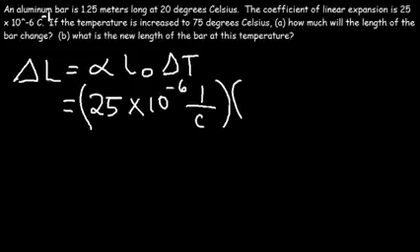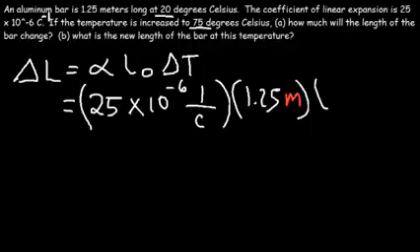The original length is 1.25 meters, and the change in temperature, final minus initial, 75 minus 20, is positive 55 degrees Celsius because it increased by 55, going from 20 to 75.